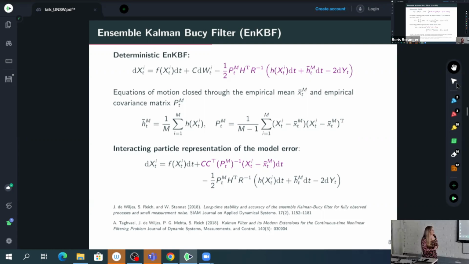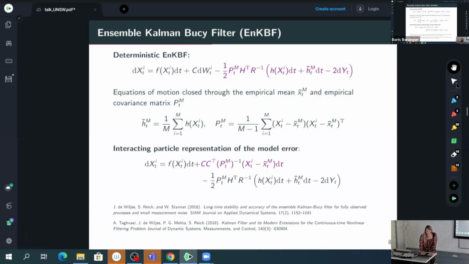So essentially, despite being in a nonlinear setting where the drift in your evolution equation is nonlinear, you pretend that the posterior is a Gaussian, and then do a Monte Carlo approximation of it. And then the evolution of the individual ensemble members, so the individual particles, will be according to this evolution equation up here.